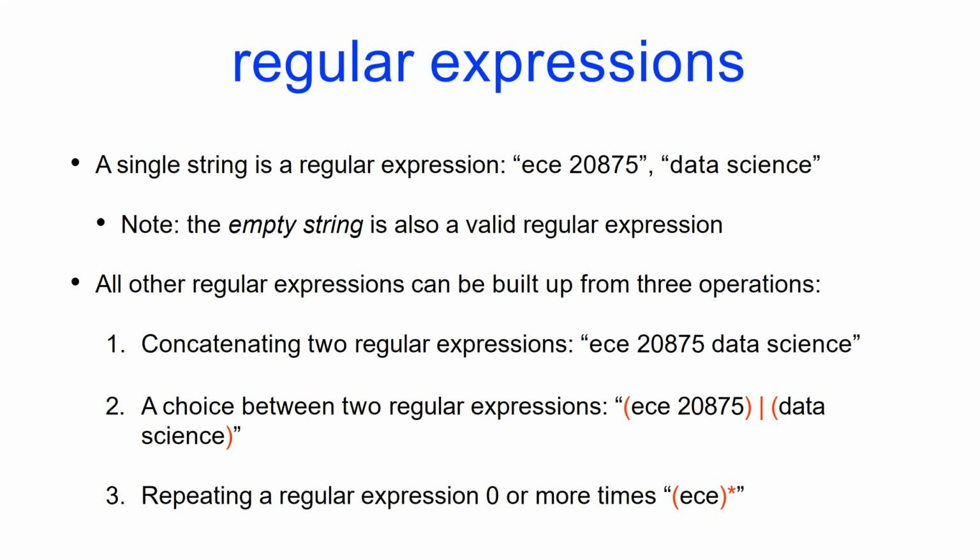All other regular expressions can be built up from three operations. First, concatenating two regular expressions. If you know this is a regular expression and this is a regular expression, I just concatenate them and I get another regular expression. Second, a choice between two regular expressions. The choice is written with this bar. You put ECE20, SM5, bar, data science.